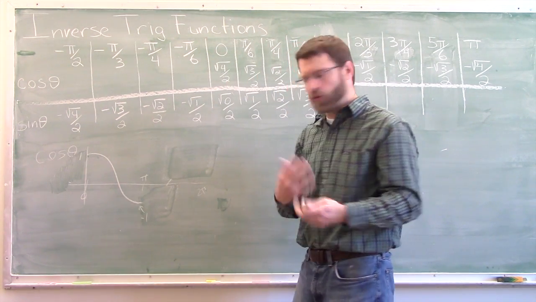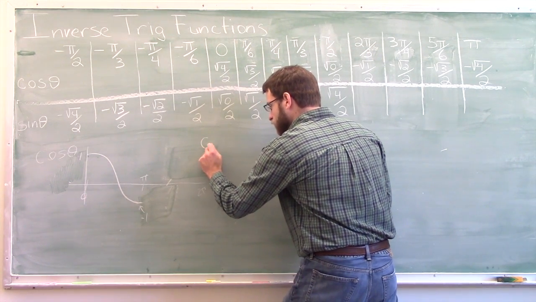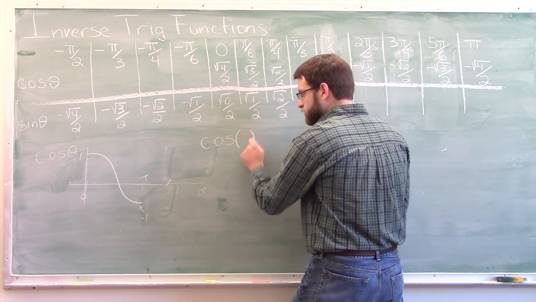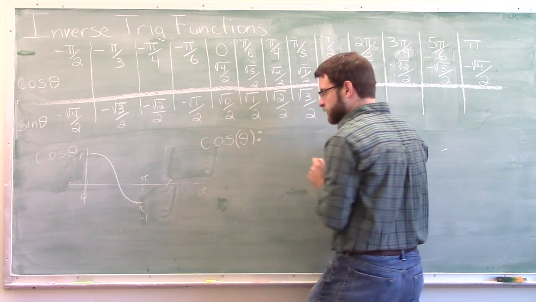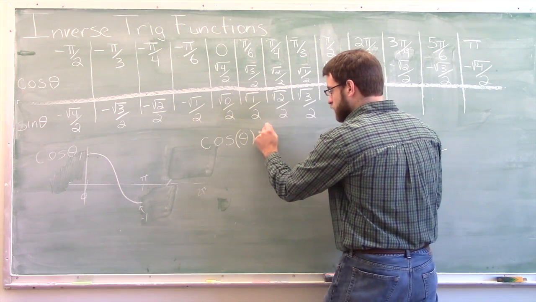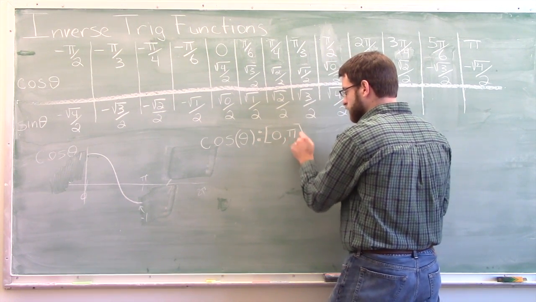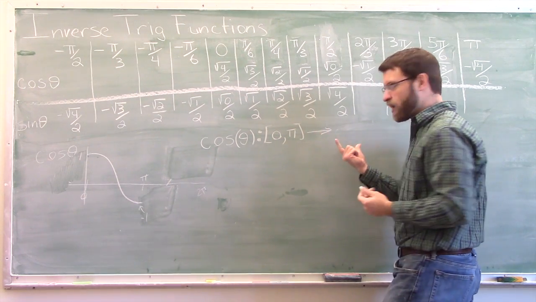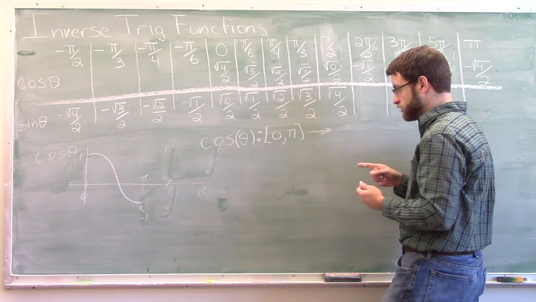If you wanted to write that in domain-range notation, you could write it like this. Let's think about theta as being our input. We're going to take the interval from 0 to pi, that's our domain, and we're going to map this. Now we have an option. We can think about using the codomain or using the range to denote what's going on.